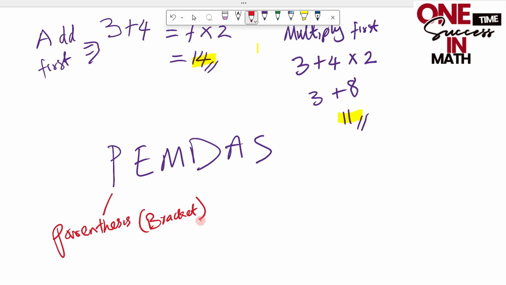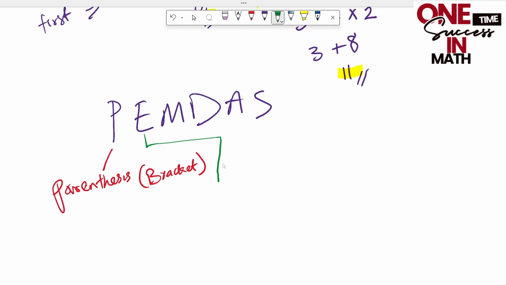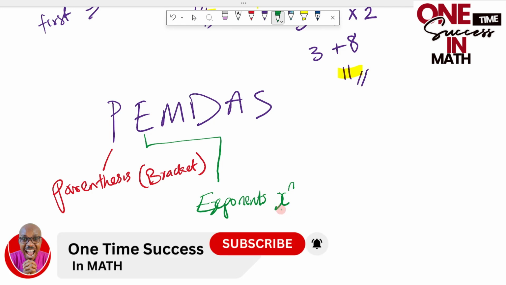We call them parenthesis, or in other words, brackets too. E stands for exponents. You may have seen questions like this. Something to a certain power, let's say n, which is another way of multiplying repeatedly, a number multiplied repeatedly. So this is telling us that x is multiplied by itself n number of times.